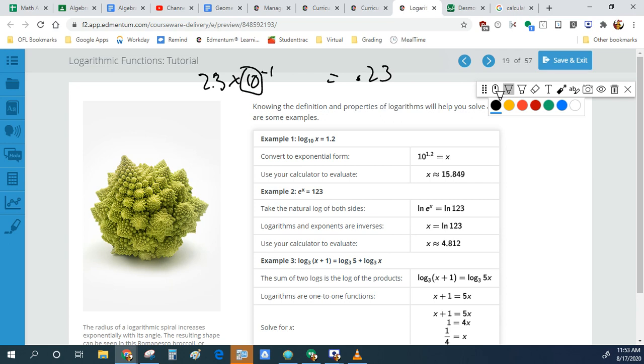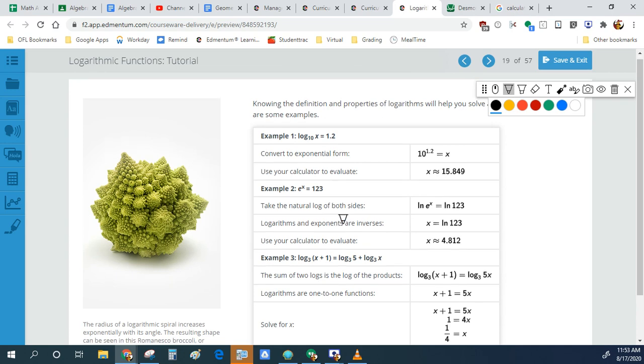This is why the power of 10 is so special and we use log base 10 a lot: it gives us our decimal placement. So we can do anything with the power of 10 to move our decimals around. That's where scientific notation comes from. Does that make sense?